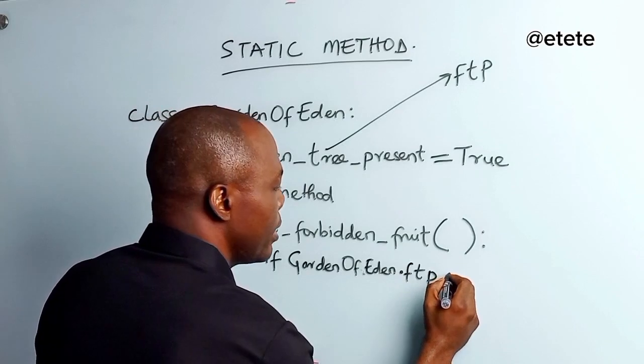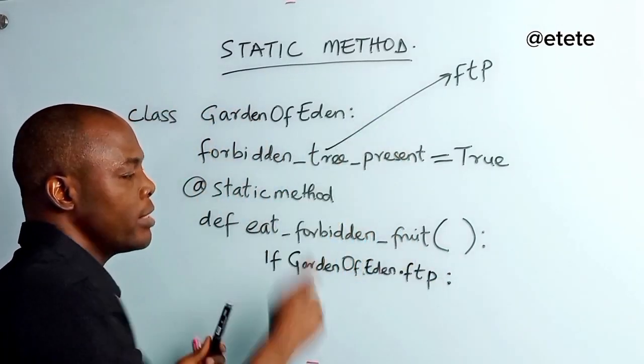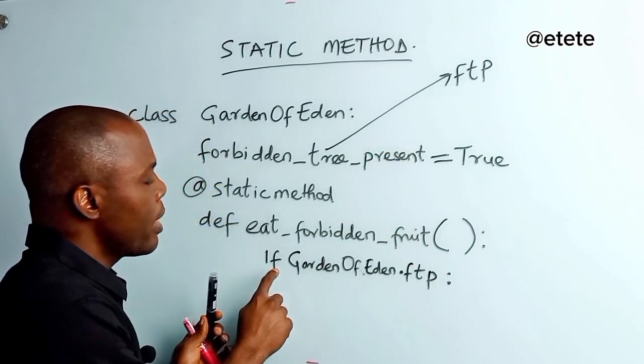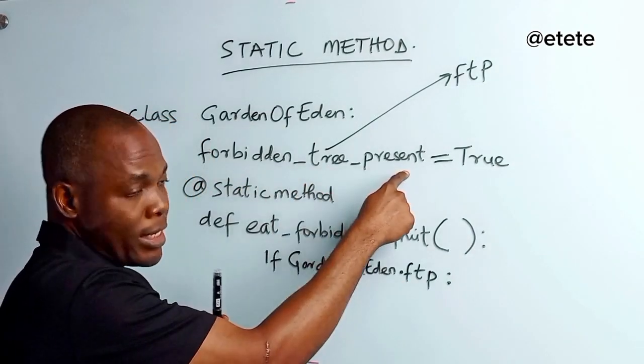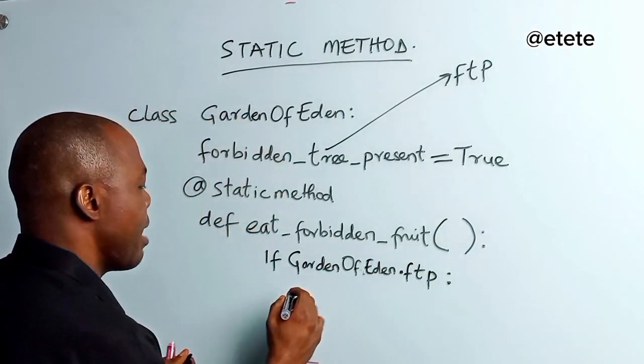If this, then go in, because it will be too long. That's why I didn't write this. But in a normal program, you will have to write it. So if Garden of Eden dot forbidden tree present, meaning if it is true, then go in and print out.